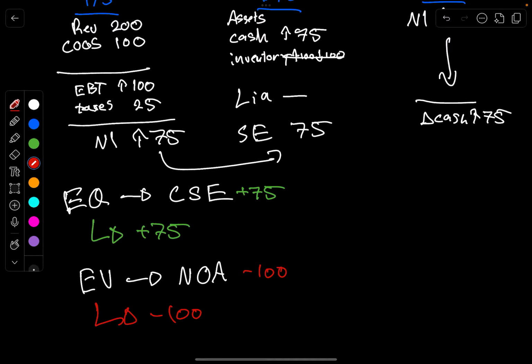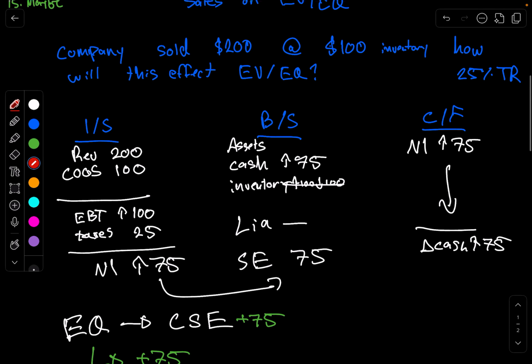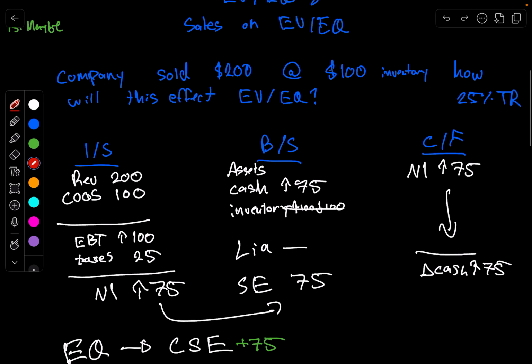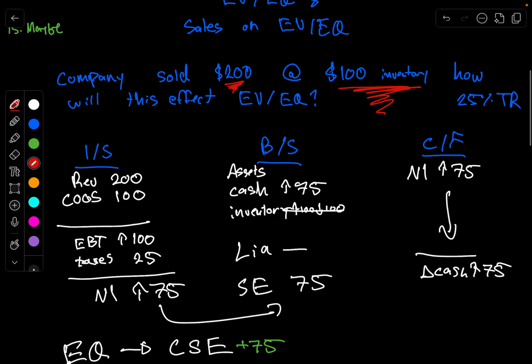And this is an important distinction to make. I know that it's kind of confusing when I write it out like this, or I talk about the minus 100, the plus 100 over here. But at the end of the day, look at what the question is really asking you. We sold $200 and the inventory was on our books for $100. So what happened?